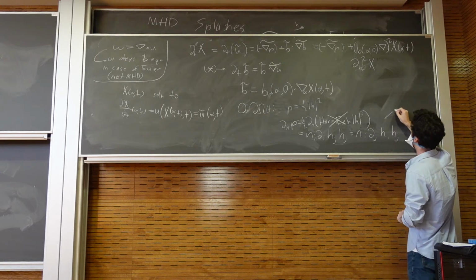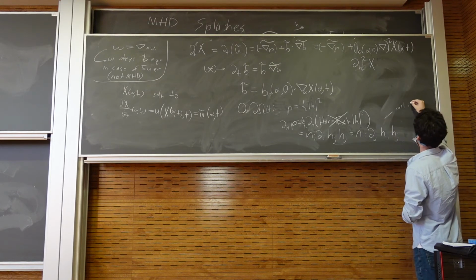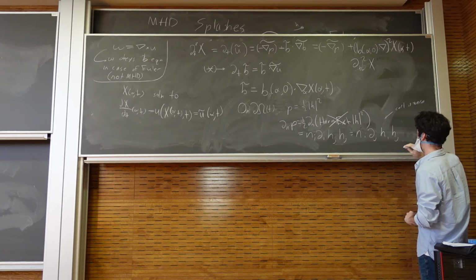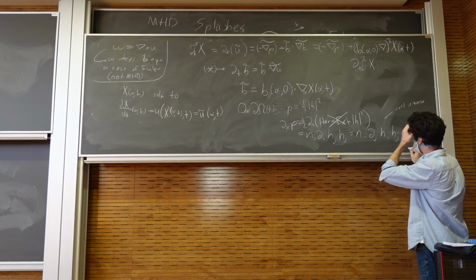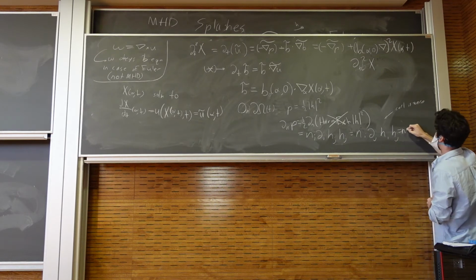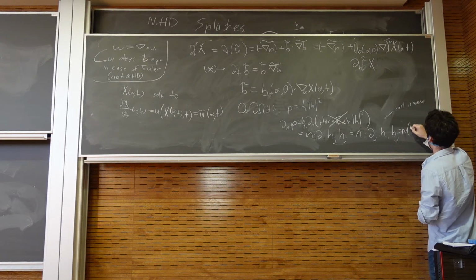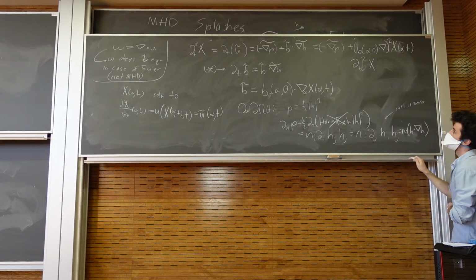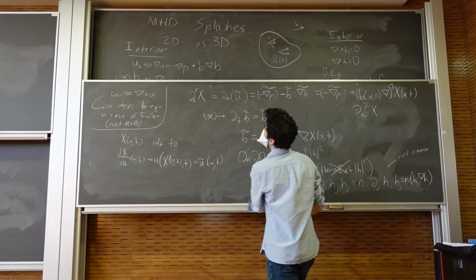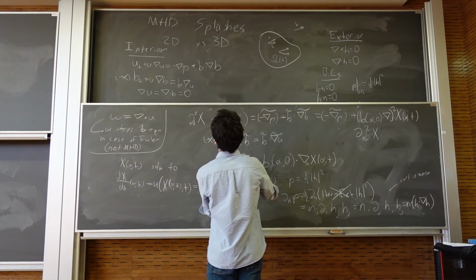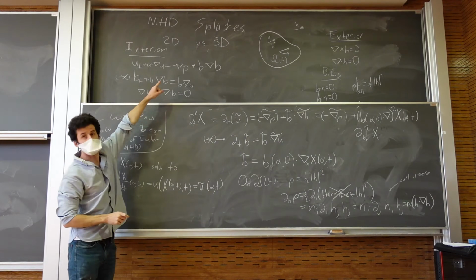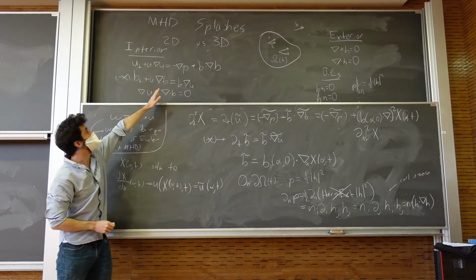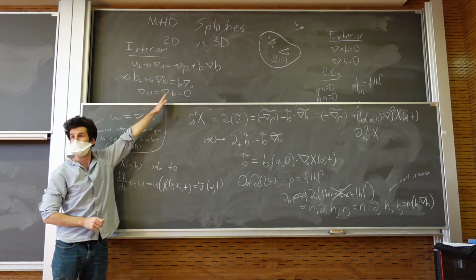So because the curl is 0, this is n dot h dot grad h. So the upshot of this is that if we return to the original equation up there for u, we have b dot grad b, but also hidden in the pressure term is an h dot grad h.